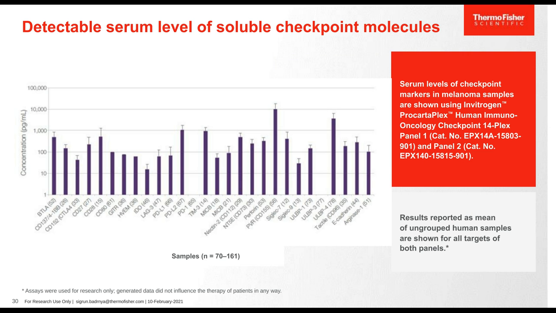So as illustrated by the bar chart, a screen of more than 70 human melanoma samples finally proved and confirmed that all these soluble forms of checkpoint molecules included in the immuno-oncology checkpoint panel 1 and 2, which are 2 predefined panels, each including 14 targets, are indeed detectable in serum.